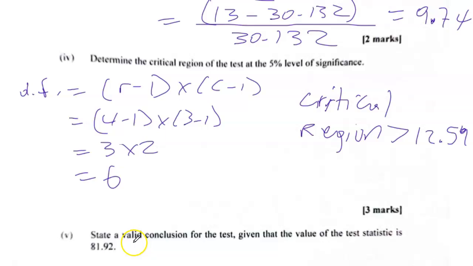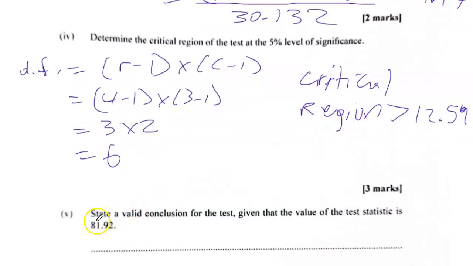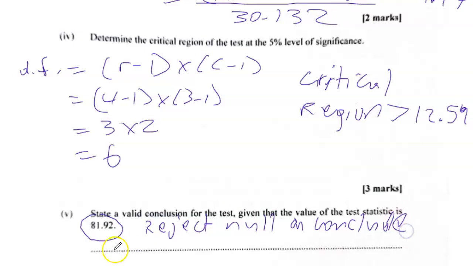State a valid conclusion for the test given that the value of the test statistic is 81.92. So the test statistic of 81.92 is greater than the critical value. So we'll obviously reject the null and conclude the alternate.